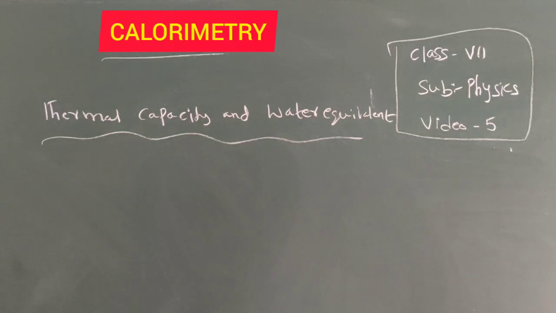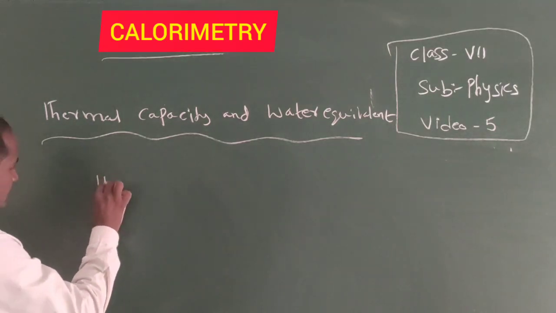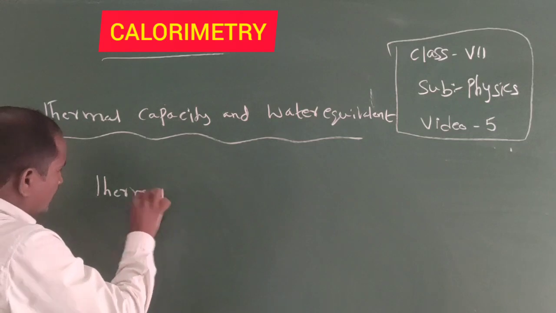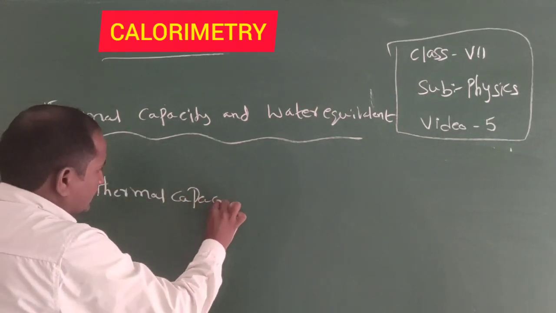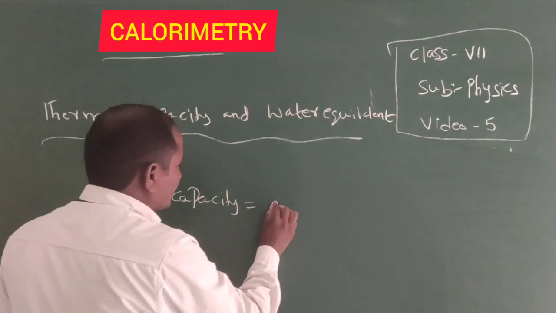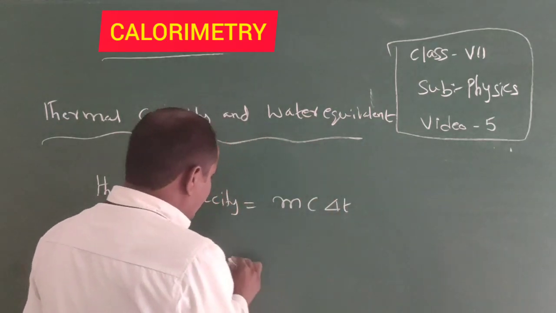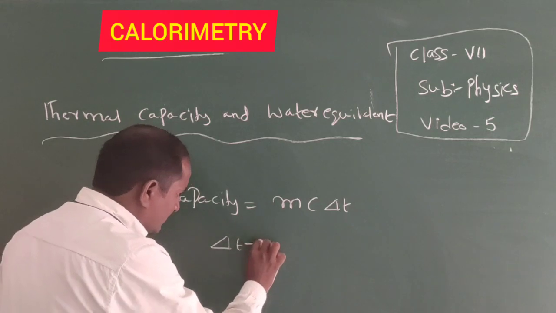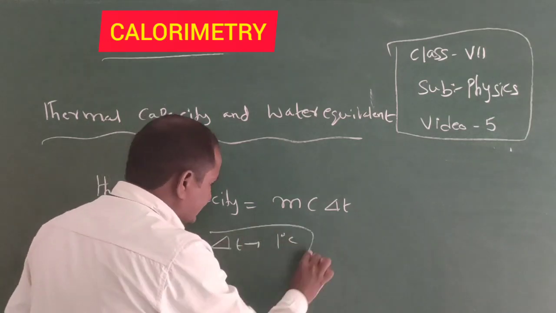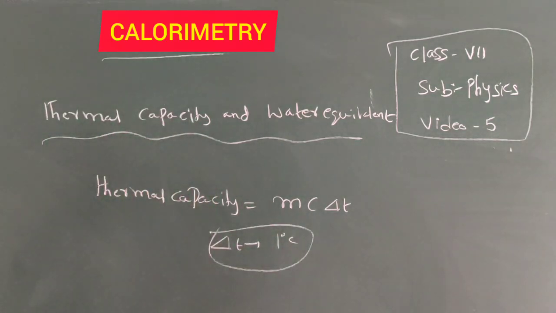If m is the mass of the body and s or c is the specific heat capacity, then thermal capacity is mass into c into change in temperature, where the change in temperature is 1 degree Celsius.